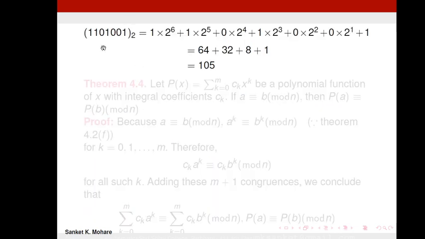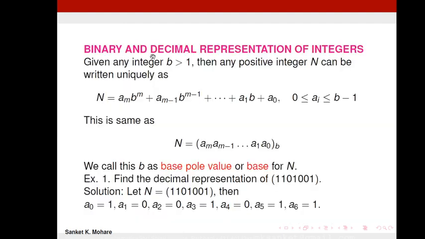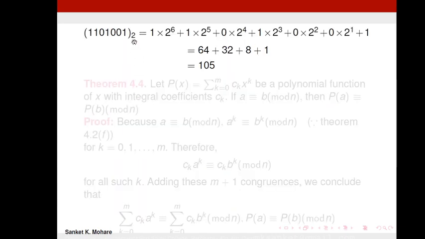That's why, here there are a total of 7 ai's, so we choose power 7 minus 1, that is 6. And as b is the base, and the base of a binary number is always 2, here we took the value of b equal to 2.